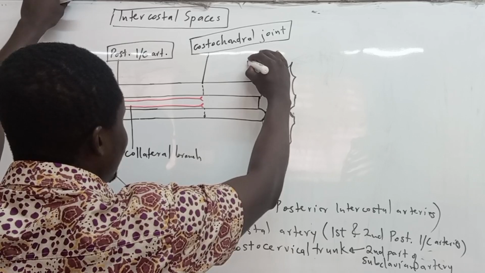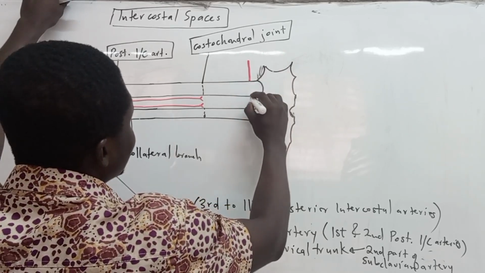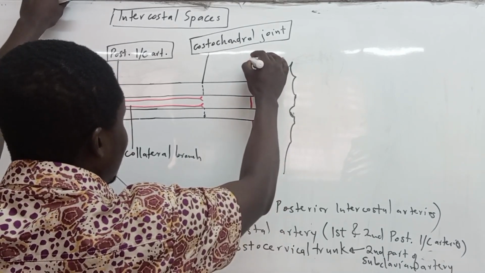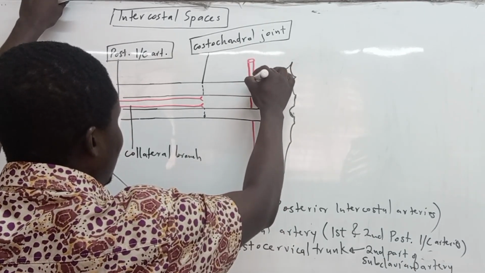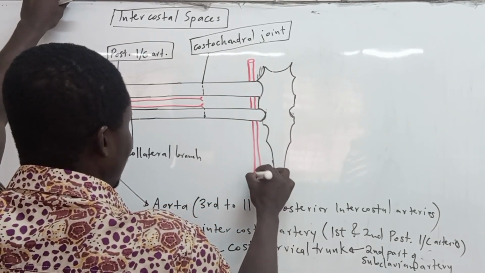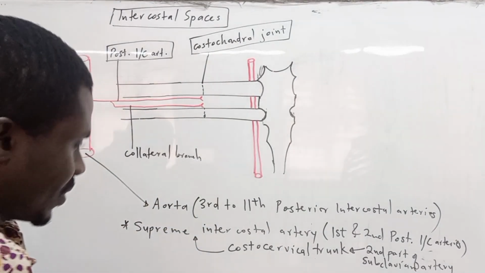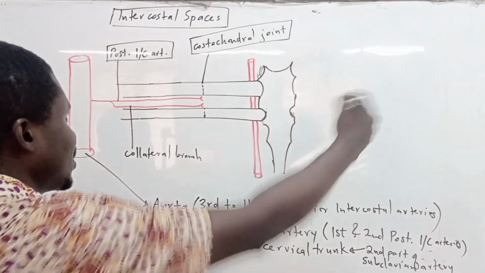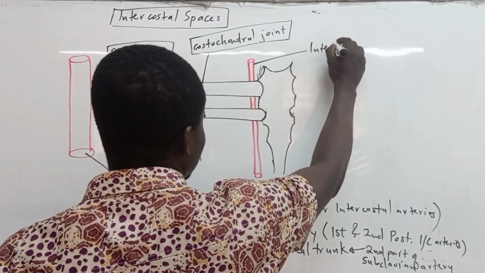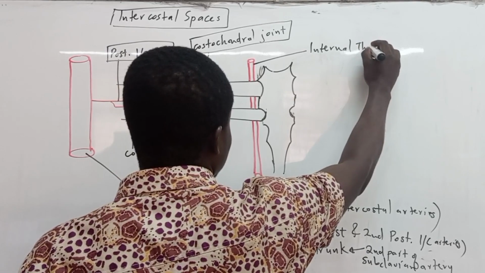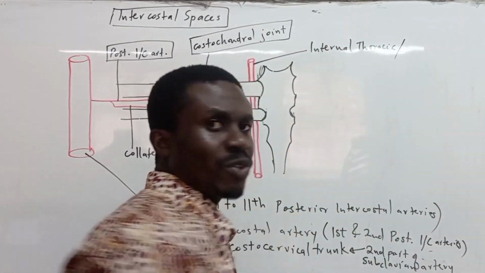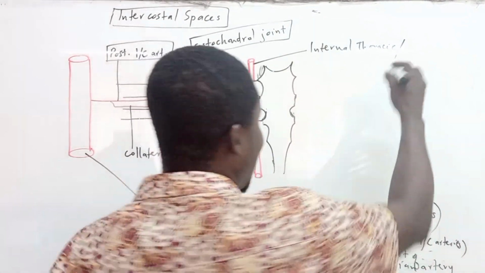So let's say I have an artery running in this fashion. This artery is, of course, the internal thoracic, running inside the thoracic region, or something we may also call the internal mammary artery.